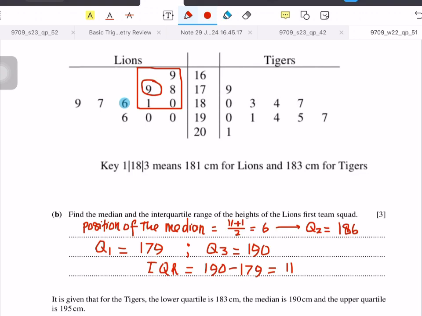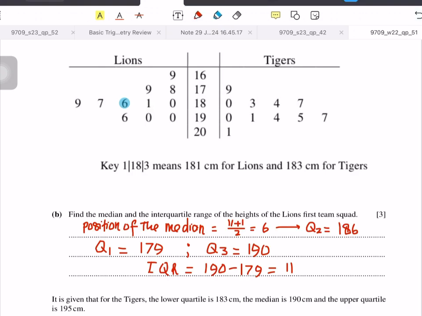The data above the median, we have 5 data, and the middle data of these 5 data is 190. So the upper quartile or Q3 is 190. Therefore, the IQR, interquartile range, is 190 minus 179, which is equal to 11.